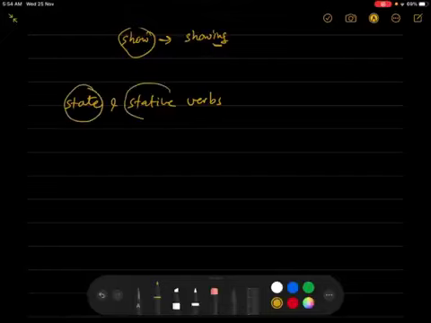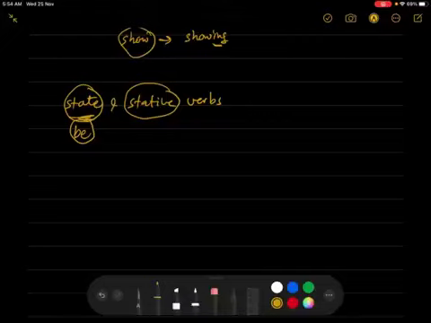In the first lectures we had an idea about state and stative verbs, and we said state verbs are like verb to be. They are always followed by an adjective, or a noun functioning as an adjective, or a group of words functioning as adjectives.